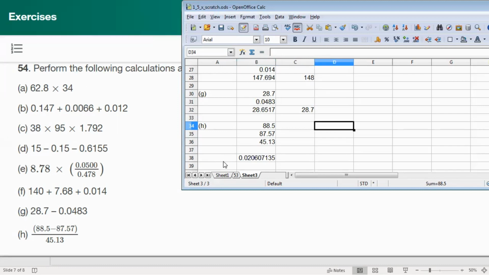So let me break this apart. I'm going to go over here and say 88.5 minus 87.57 is equal to 0.9.